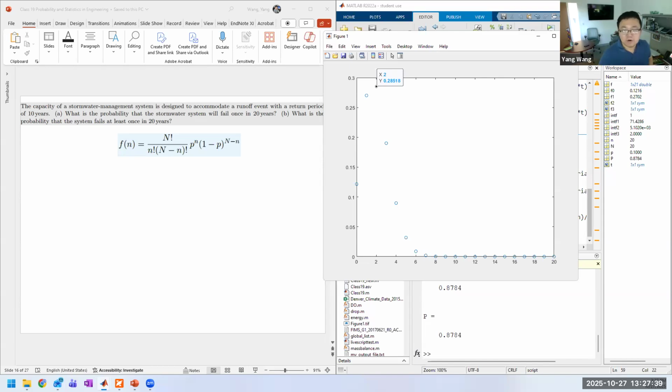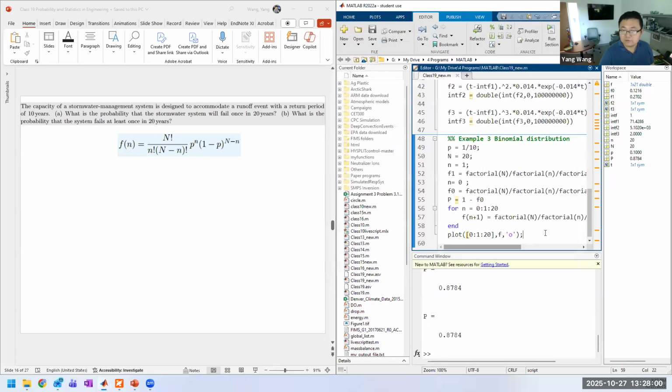But you can also see from the probability function that you can predict the frequency of the system failing 3 times, 4 times, 5 times, and so on, right? So each of them still has a value. Let's say it can also fail 14 times, right? Fail 20 times. Okay.